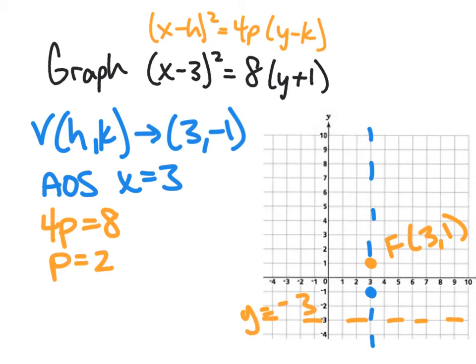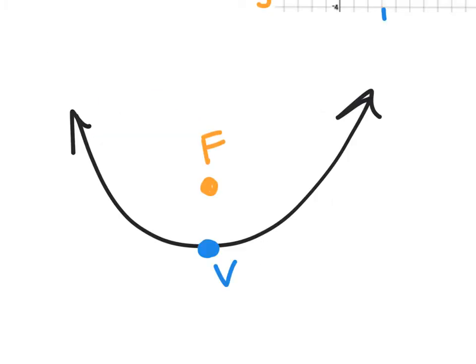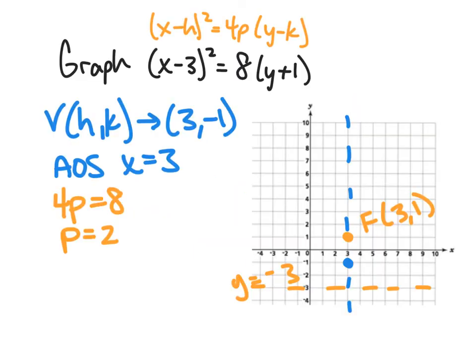All right, and at this point, we just need some more points. The only problem is I can't put this into the calculator. So let me show you something else that's special about this form. For a parabola, whenever you have the vertex and the focus, this distance from this point to this point that passes right through the focus is 4p. So for the parabola that we're looking at, the distance through this focus is going to be 4p to connect to each side of the parabola.